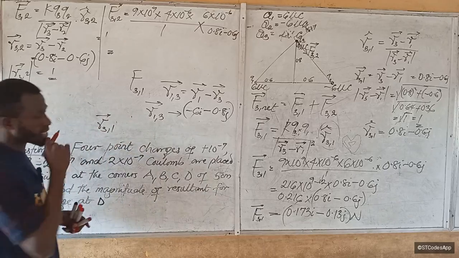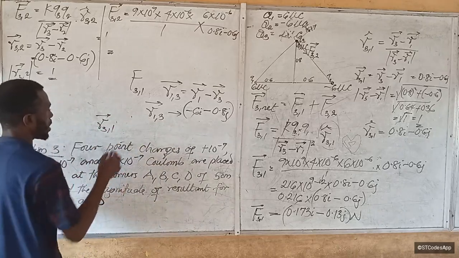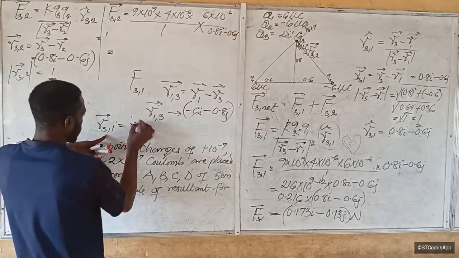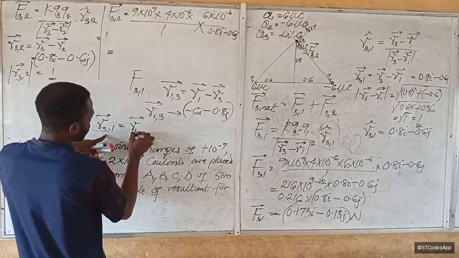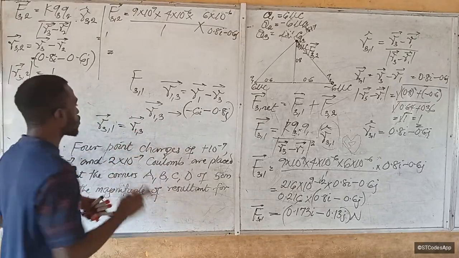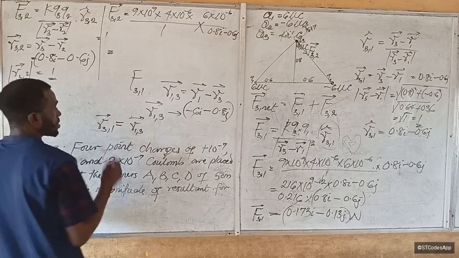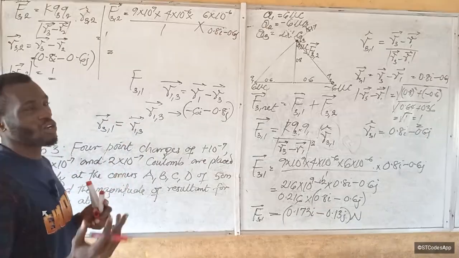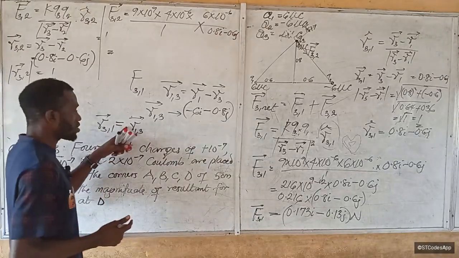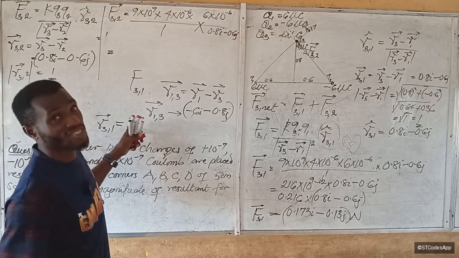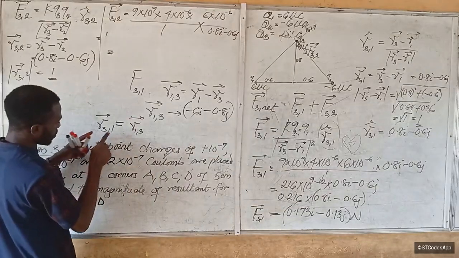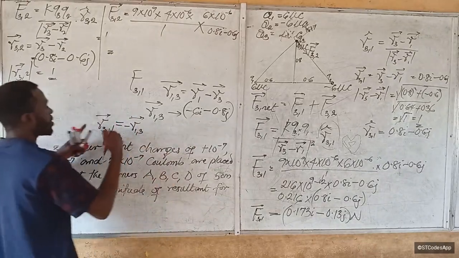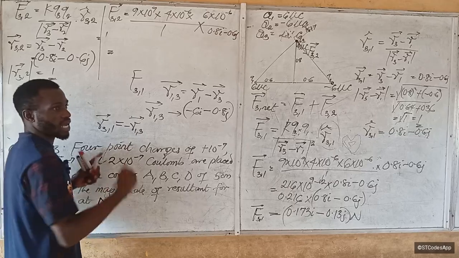So recall that the magnitude of position vector R31 and position vector R13 are actually the same, but the sign changes, so they are non-commutative. R31 is actually negative R13, or R13 is negative R31. Does that make sense?